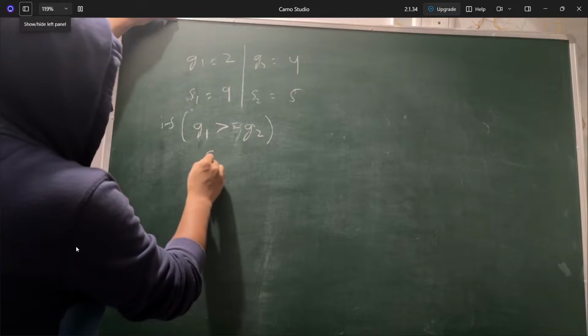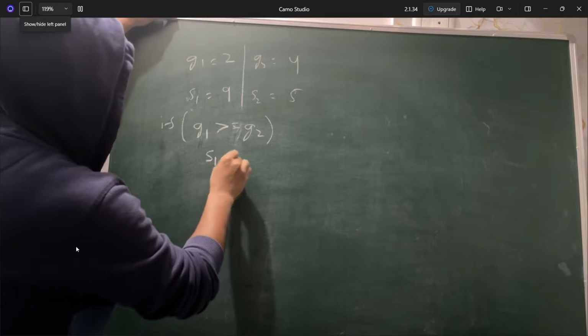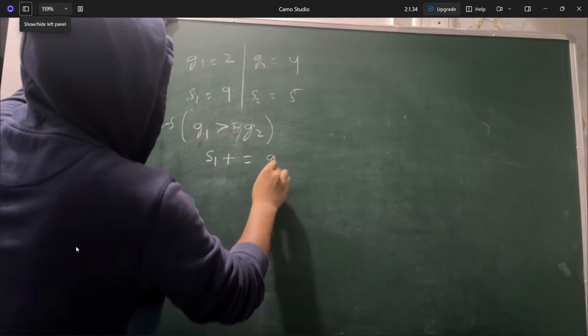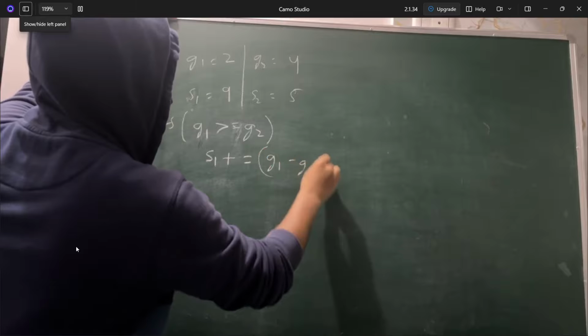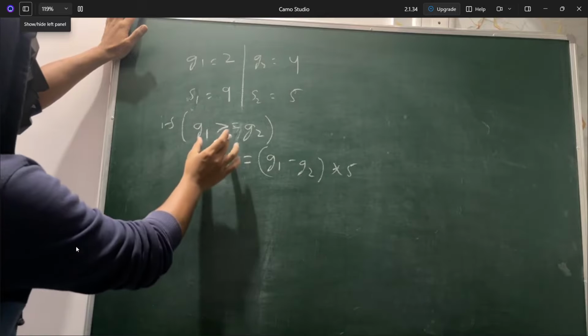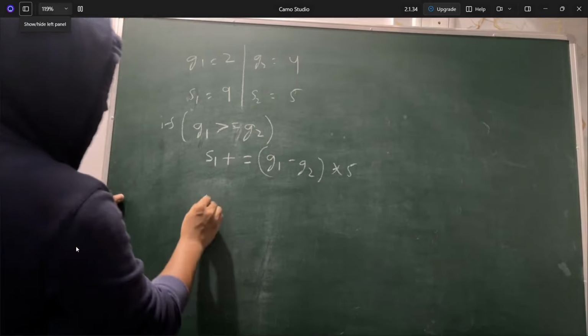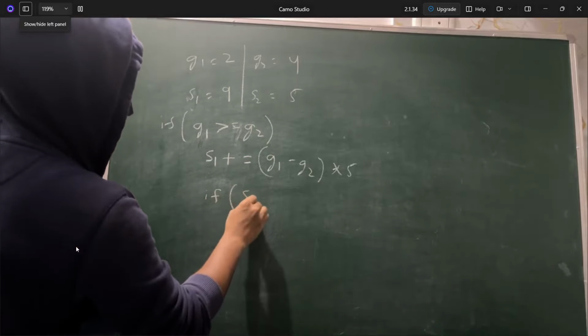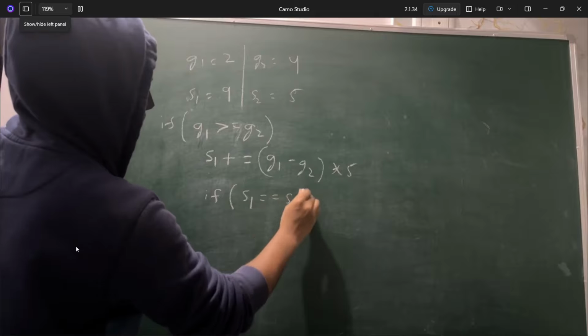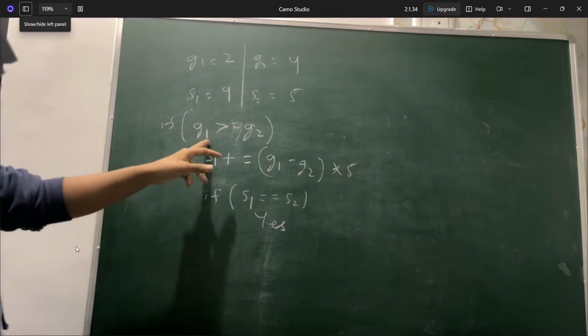So your silver coin, which you have as s1, will be increased by g1 minus g2 into 5. Which means now your gold coins are equal but silver coin has increased to this much. Now you will be checking if silver coin 1 is equivalent to silver coin 2, you'll be outputting yes, because gold coins are equivalent.